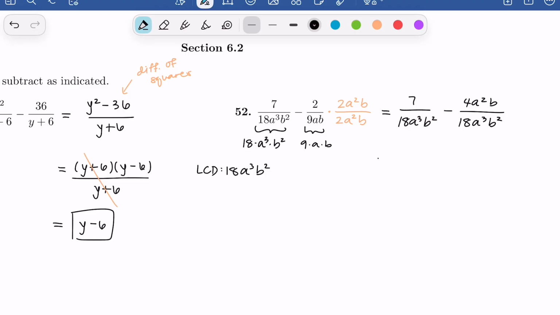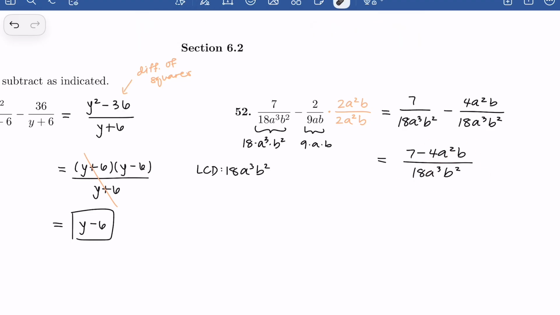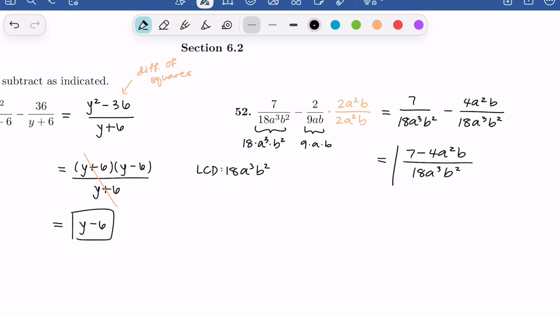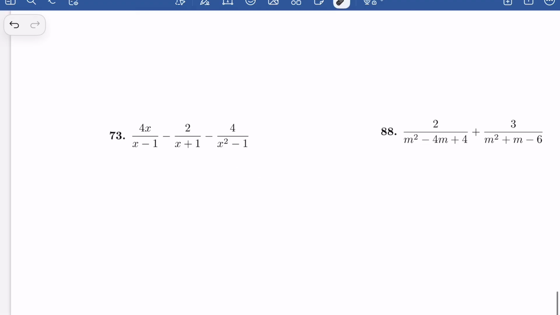All right, so now that we have a common denominator for both of these expressions, we can go ahead and subtract straight across. We're going to have 7 minus 4a squared b over our LCD. Now, notice we can't simplify this any further. We can't factor anything out or cancel. So this would just be our final answer.